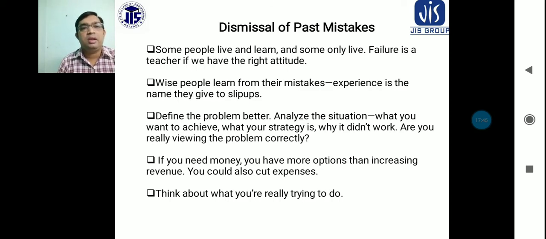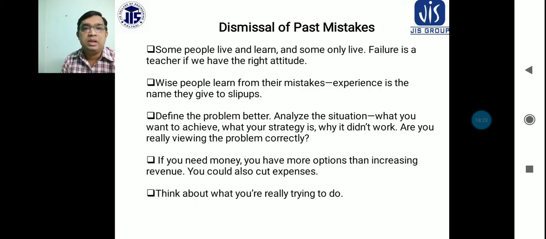You could also cut your expenses. But cutting expenses is not the procedure for earning your money, because you need money and you have to think about how to fulfill your needs through earning. If you need money, you have more options than increasing revenue; you could also cut your expenses.